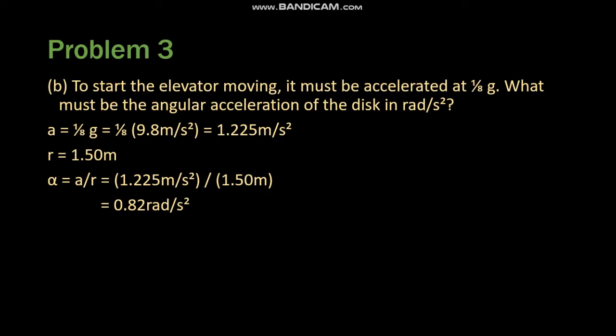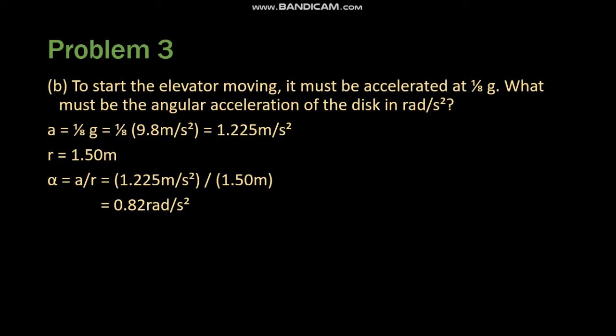And then you would get 0.82 radians per second squared. So this is the angular acceleration of the disk. It's pretty easy if you know the formulas. So take note of the formulas that we've used so far in the previous problems.